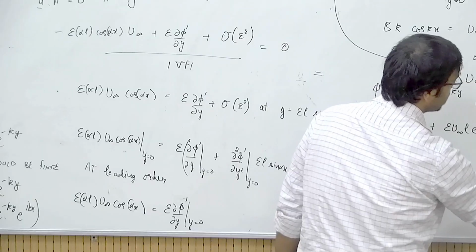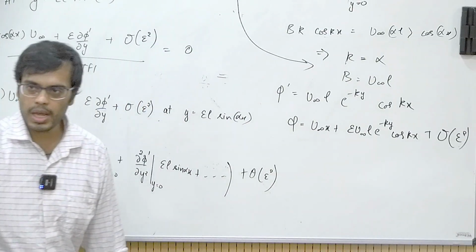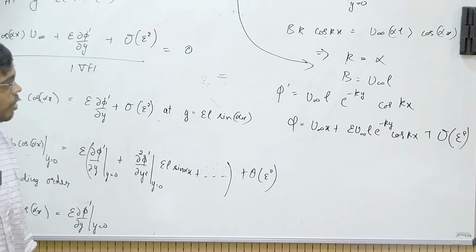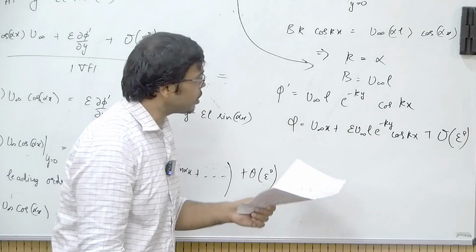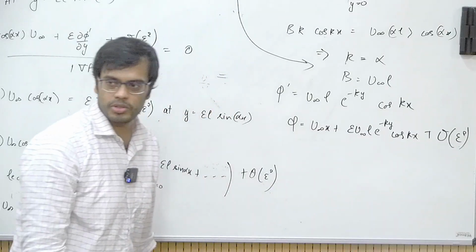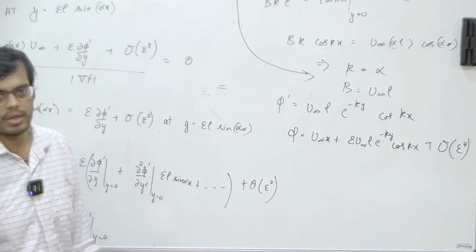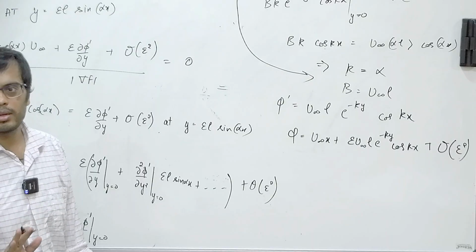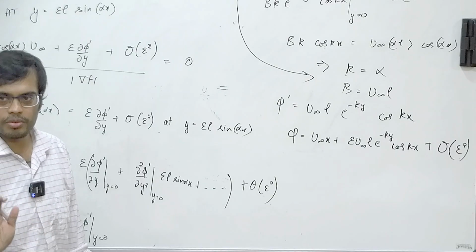There are order epsilon squared terms which we have ignored in our analysis. It is always good to write this order epsilon squared here to remind yourself that this is a leading order solution that you have found, not the full solution.